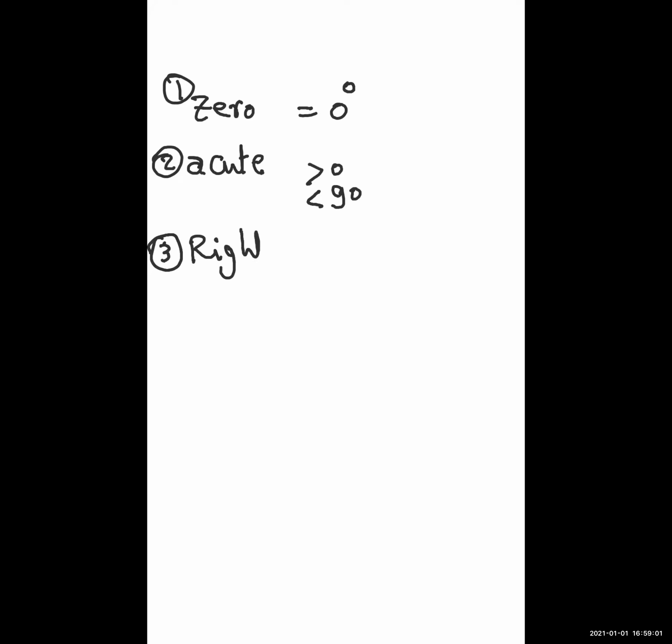The first one, 0. Its measurement equals 0 degrees. Second one, acute. Its measurement is greater than 0 and less than 90. Third type, right. Its measurement equals 90 degrees. Number 4, obtuse.